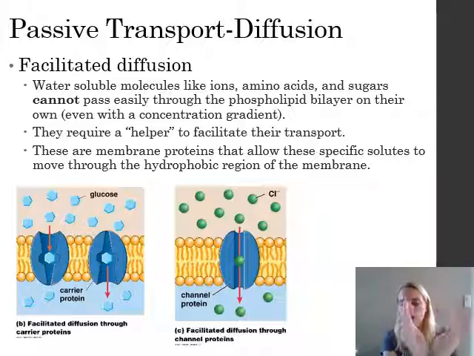So carrier proteins change shape. Channel proteins stay open like a tunnel through that phospholipid bilayer, allowing those large or charged particles to diffuse, again, down their concentration gradient. So we can see in that picture on the right, there's a higher concentration of chlorine outside of the cell compared to inside. So it will continue to move through until it reaches equilibrium.